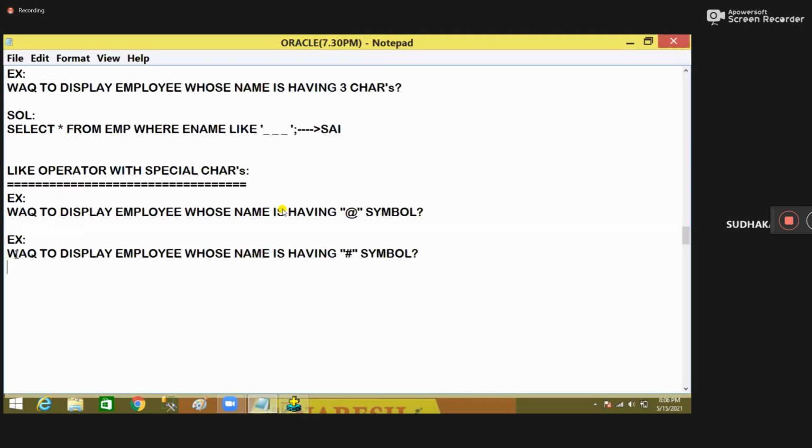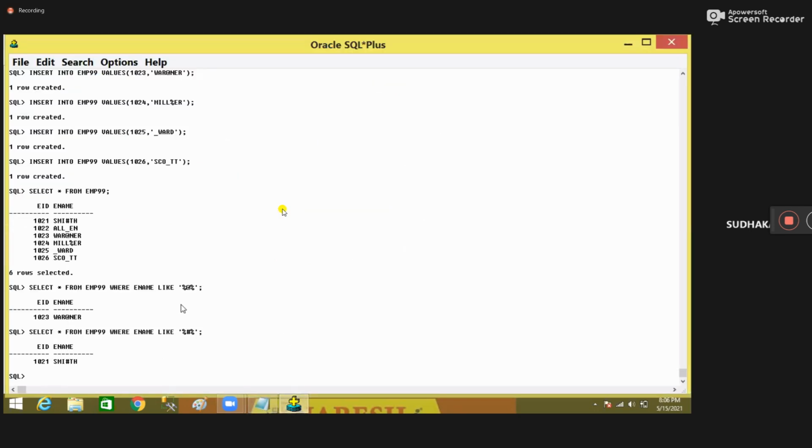Now the question is, whose name is having the symbol, for example, underscore. So underscore people I want now. When I used the hash symbol directly, the related people information we got, the output we are getting, right?